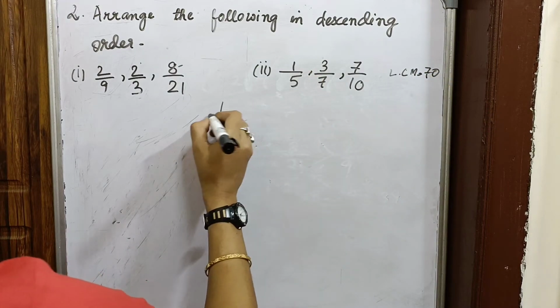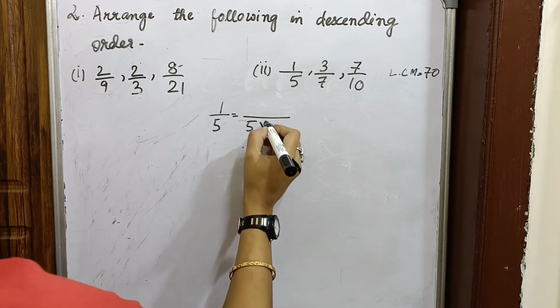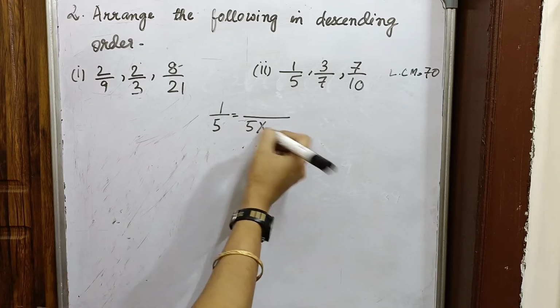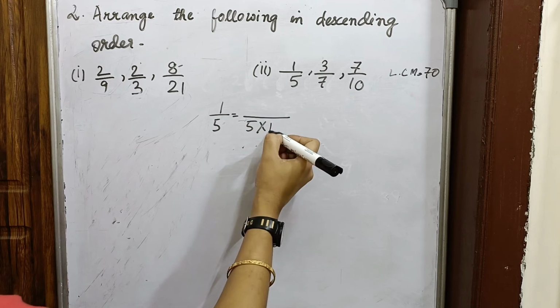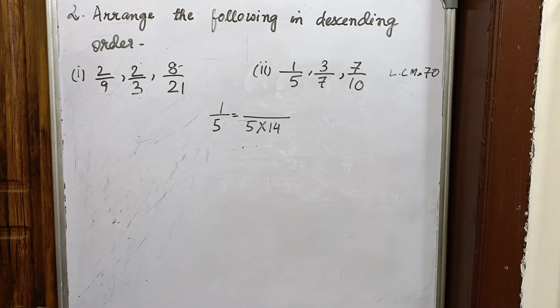First we'll do for 1 by 5. 5 into how much is 70? 5 4s are 20, so 5 14s are 70.